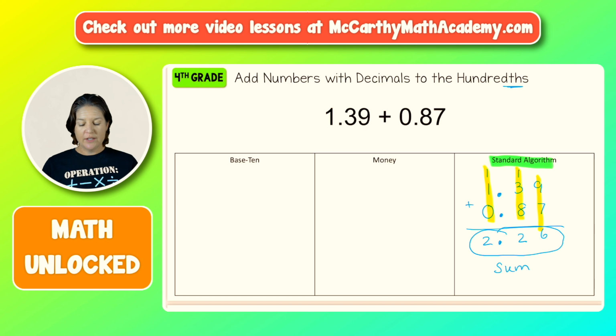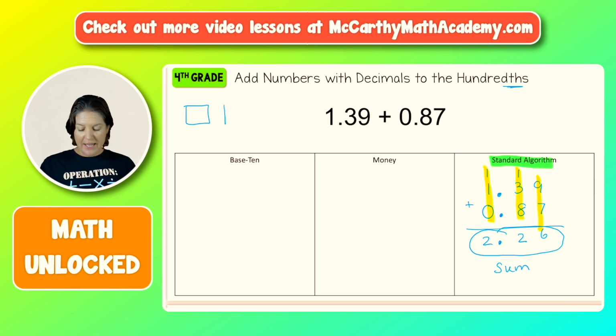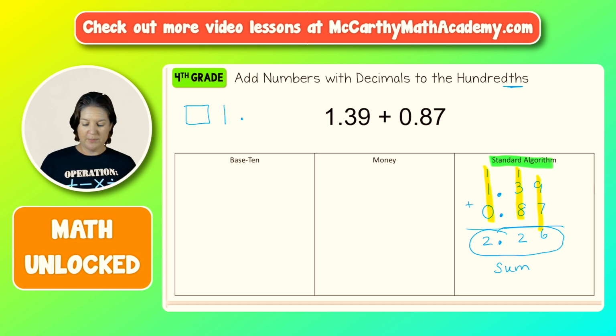So with base 10, in the past, the flat has been the hundreds, the stick has been the tens, and the little unit cube has been the ones. Now that we're moving into decimals, we can adjust what we want these to be, okay?